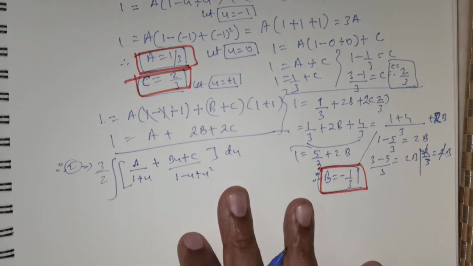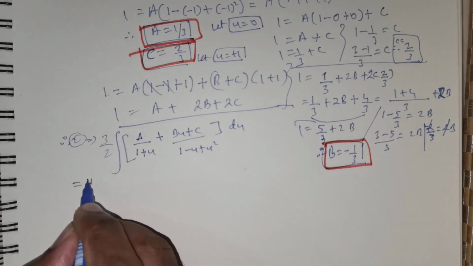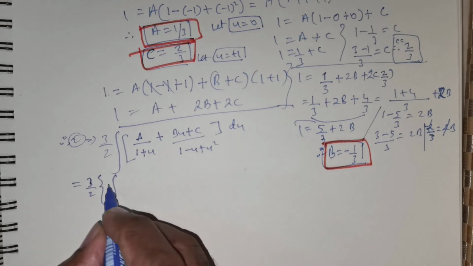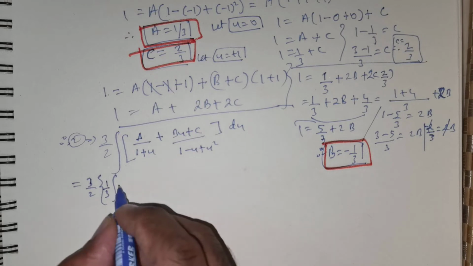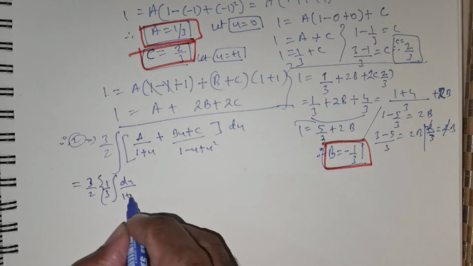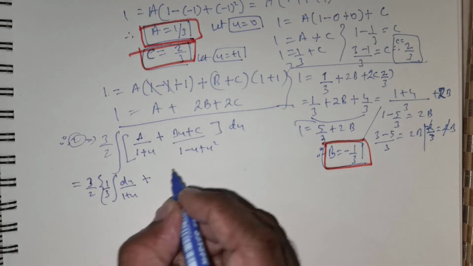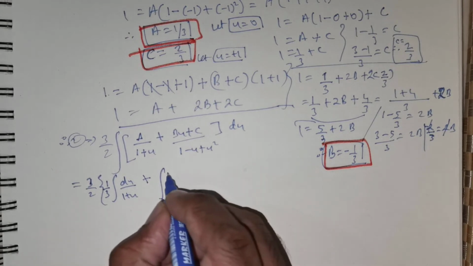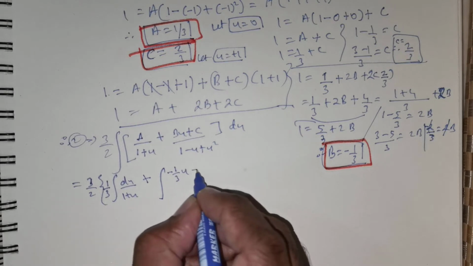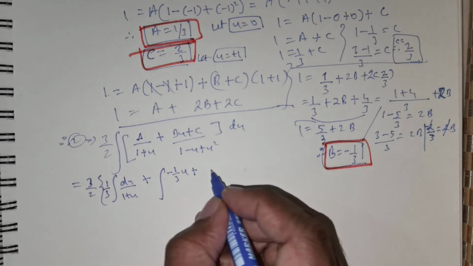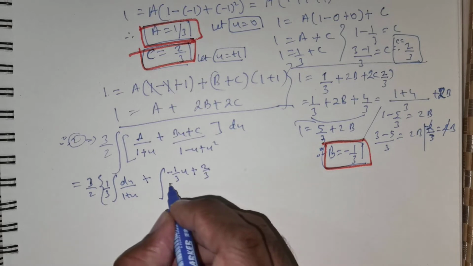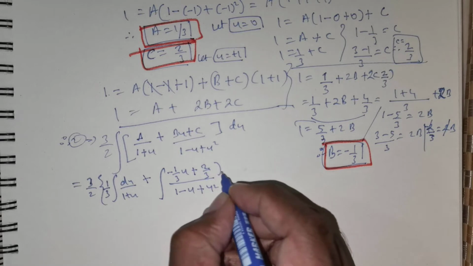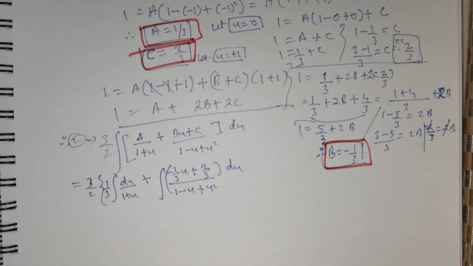Now I know the value for a, so this is going to be 3 over 2 integral 1 over 3 times du divided by 1 positive u, and this is going to be integral b is negative 1 over 3 times u, and my c is 2 over 3 divided by 1 negative u positive u squared times du. So this is what we have got.